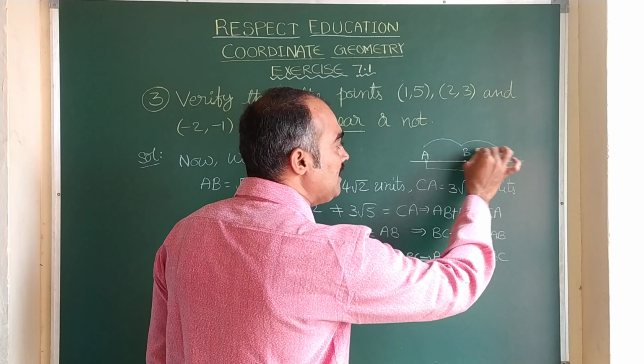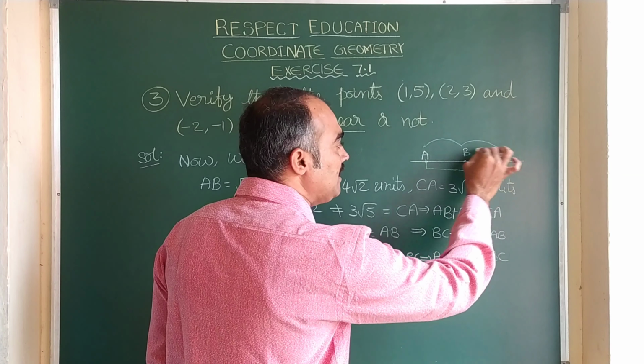So clearly we can say, therefore, that the given points 1 comma 5, 2 comma 3 and minus 2 comma minus 1 are non-collinear, meaning they cannot form a straight line.